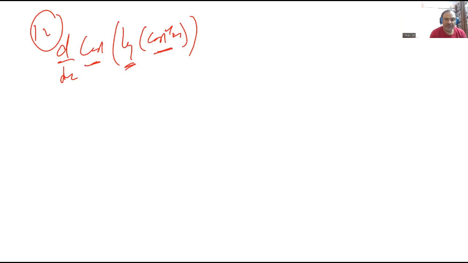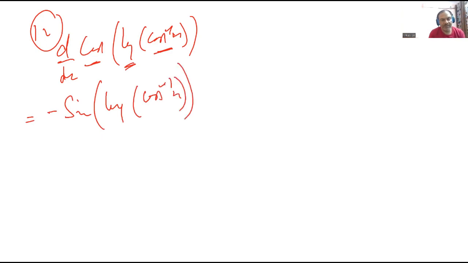So if you differentiate the first cos, we know that if the parent function is cos x, on differentiating you will have minus sin x. So therefore, here it will be minus sine log cos inverse x. This is the differentiation of cos, which is minus sin x. Now you differentiate the second term, the middle term, which is the log.